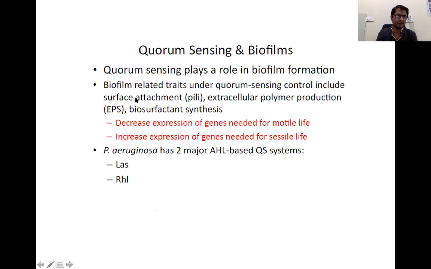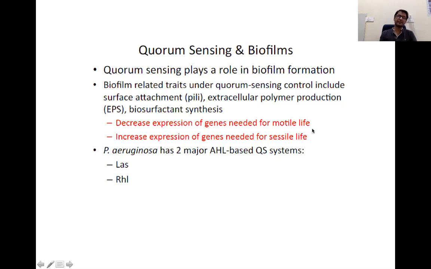In the biofilm, there are a number of traits under quorum sensing control, including surface attachment, extracellular polymer production, and biosurfactant synthesis, as well as decreased expression of genes needed for a motile life.